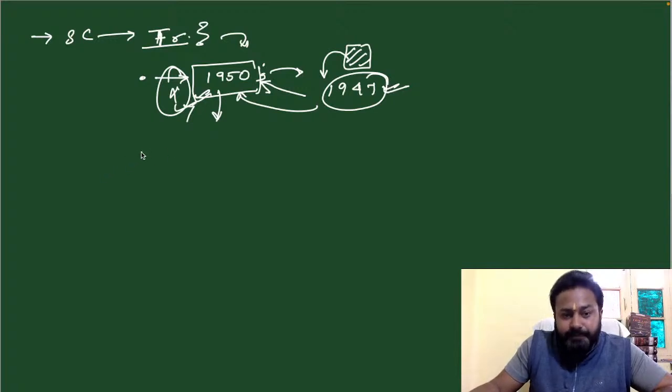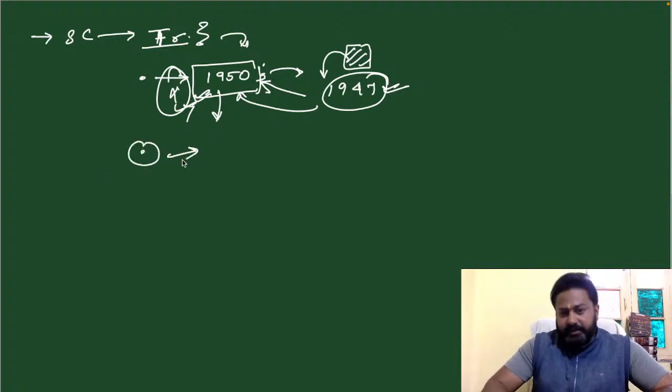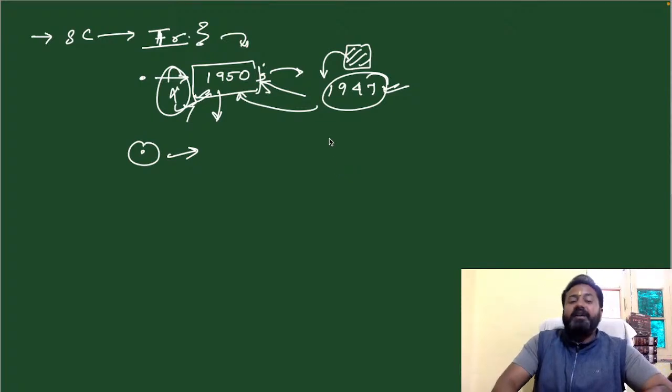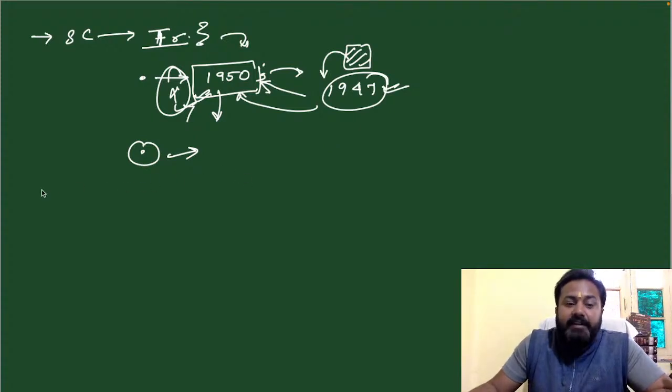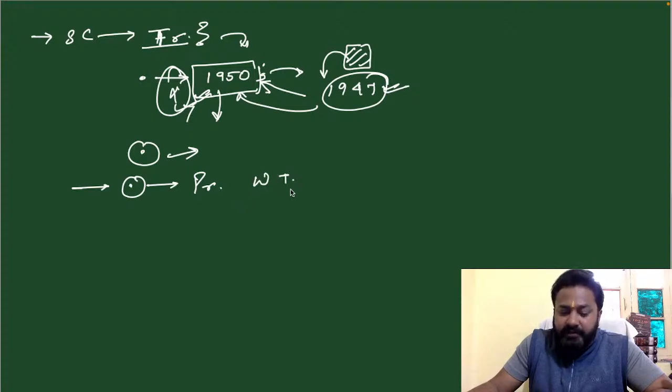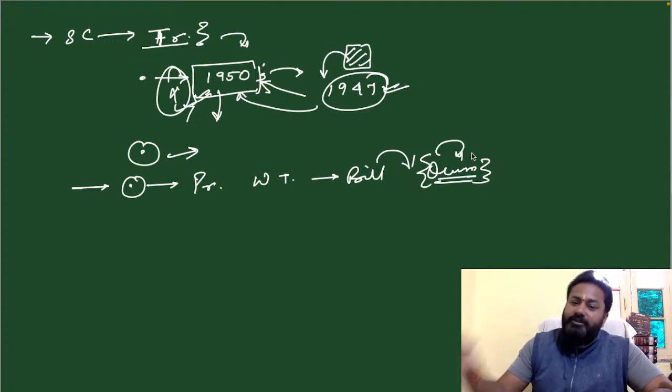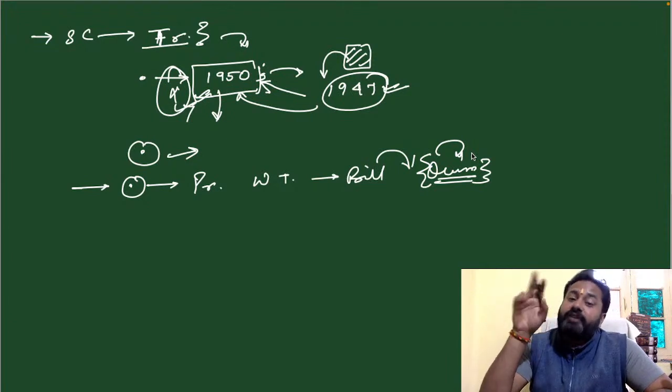Come to the second point. It is also highlighted that the trial court and High Court found that the property tax of that land, water tax of that land, and all these bills are still in the name of the owner. That's why the mutation did not occur. So still the true owner was the one who died in 1947.